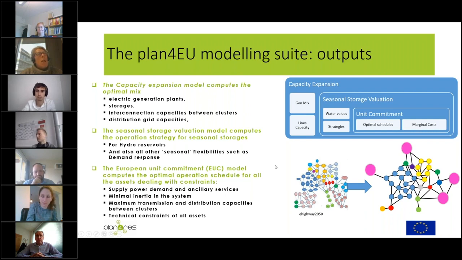So it's focused on electricity only and can be adapted to very different kinds of geographical systems. We can have a whole Europe or a small part of Europe or one country with the exchanges with the borders, or a region inside the country.